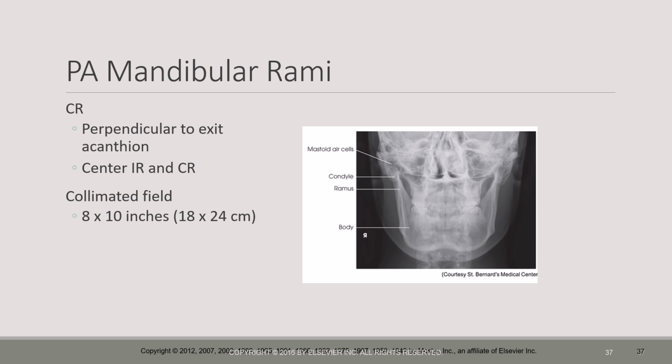The condyle and the coronoid are slightly superimposed with each other on this view. The body shows up okay, but not great. The symphysis shows up fantastic, just superimposed by typically C3, C4, which is superimposing the body of the mandible on this. Okay.